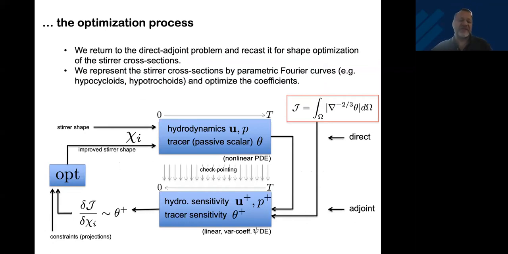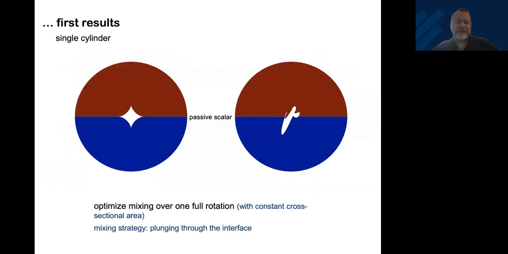Okay, so we have cylinders, and we say, is there a better cross section that does a better job for a rotating stirrer? Same optimization problem, but now we're optimizing with respect to the mask rather than the velocity along the paths. Okay, so this is the setup.